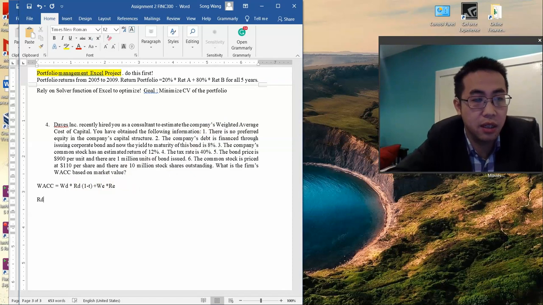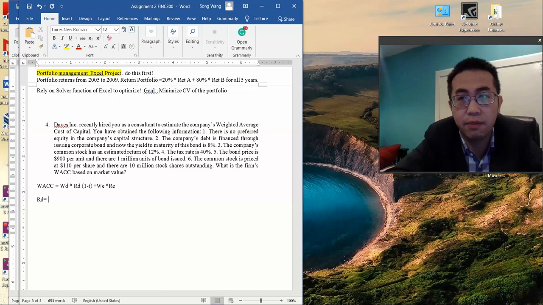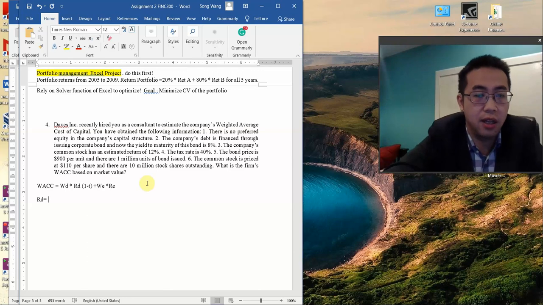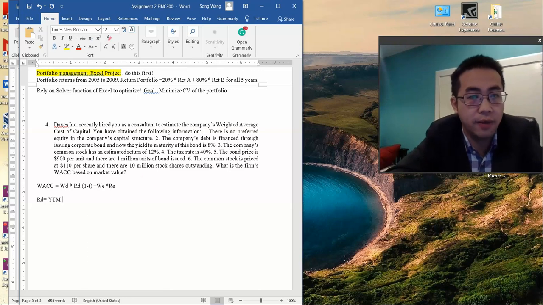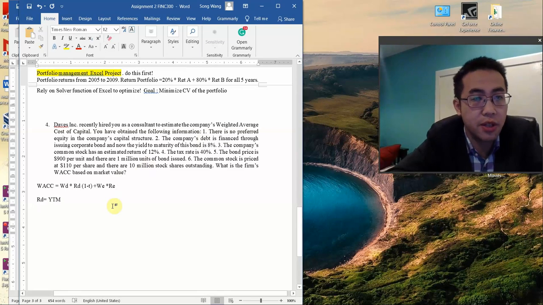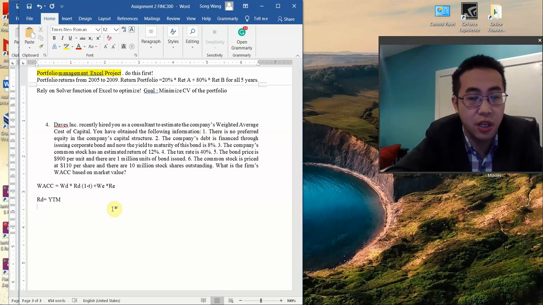So the cost of debt is the required return of the bond by the market, which is the yield to maturity, already given. Number 3, the company's common stock has a return of 12%. If the company pays 12% to its stock investors, that means the cost to raise equity is 12%. So that's the cost of capital for equity.